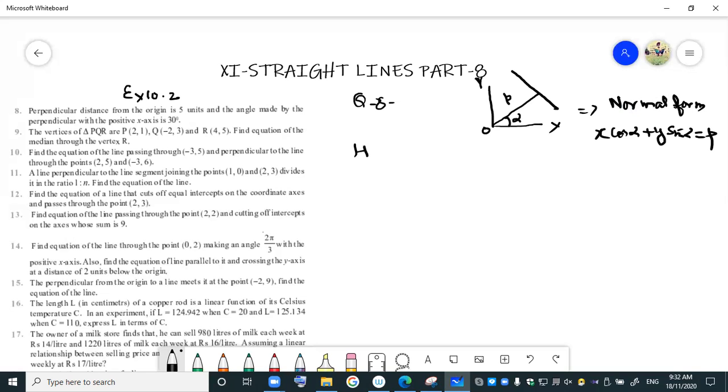So in this question, this is the length of the perpendicular, small p, then capital P used to take.